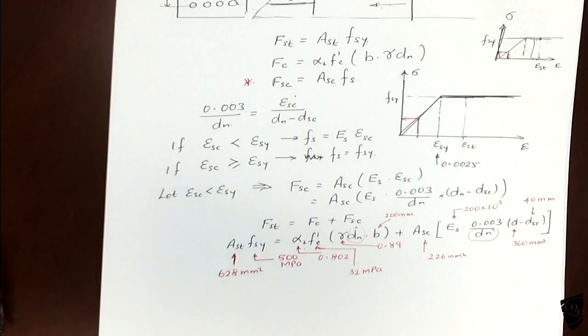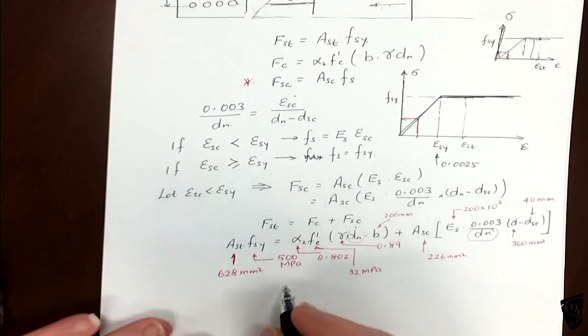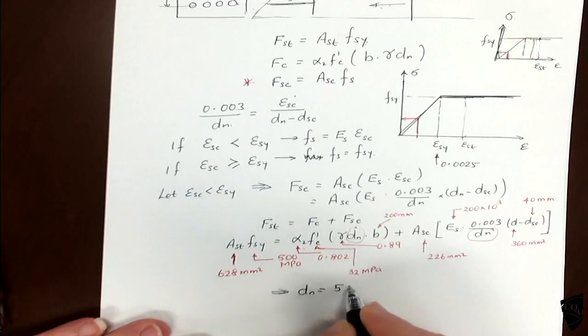Everything is known other than dn, so you can use your Excel Goal Seek function or your graphical calculator, and you should be able to find dn. If you calculate the dn, you will get 59.1 millimeter.